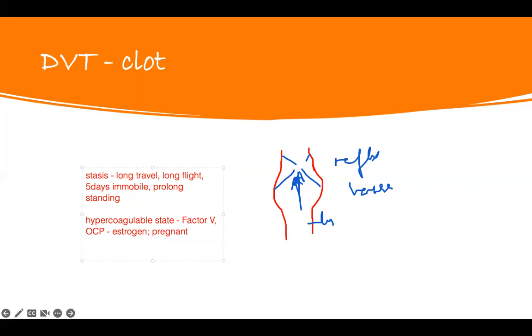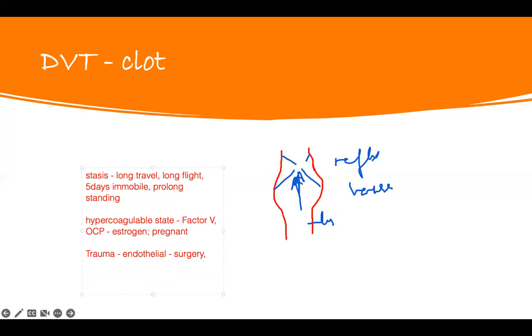And the last one is trauma, okay? So anything that can cause endothelial injury inside the vessels themselves. Like if you had surgery, they disturb the vessels and it's a form of injury to the endothelium, okay? That can cause damage to the vessel and then you form a clot.